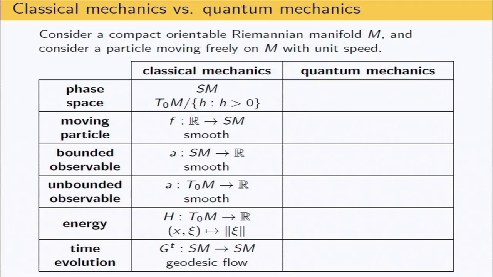So then associated to this Hamiltonian function, there is a system of partial differential equations, the Hamilton equations, which describe the time evolution of the system. And in this case, the time evolution is described by the geodesic flow on the unit tangent bundle, which is the most natural thing that you can think of. So this particle follows its nose, follows its tangent vector, and moves around and carries its unit speed vector with it.